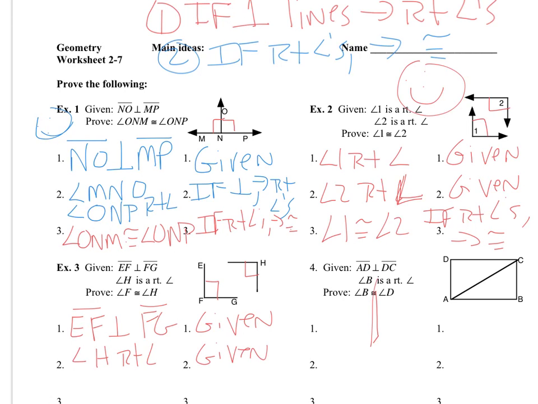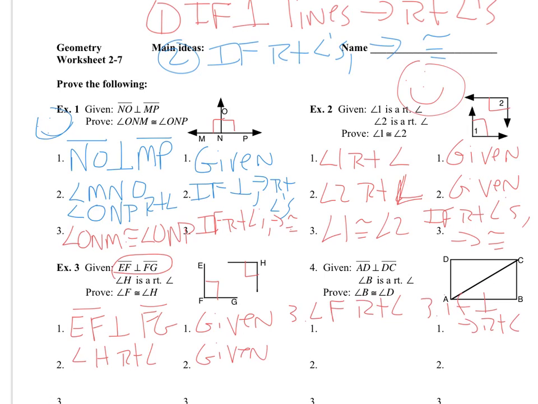And since I cannot raise the page, I'm going to continue writing over here to the right. So then angle H is a right angle. We also know that because of this given right here, we can say that for 3, angle F is right angle as well. Reason: if perpendicular, then right angle.